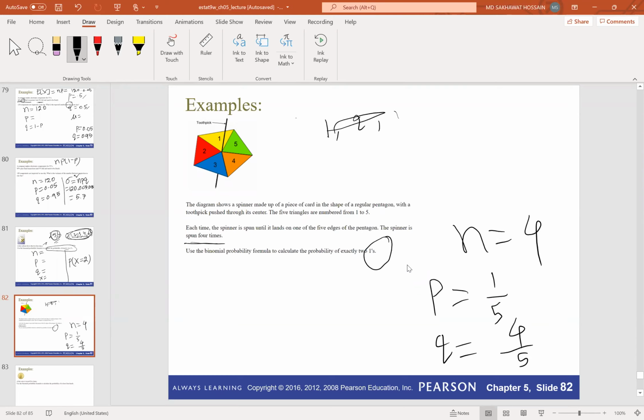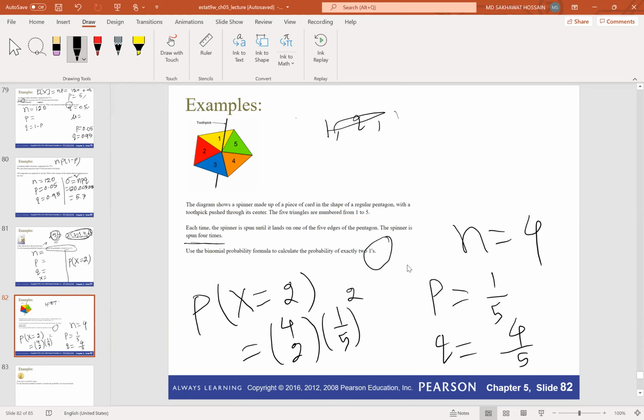And exactly 2 ones, so that means we want to find the probability X is equal to 2. So this is C(4,2), and 1/5 to the power X, which is 2, and 4/5 to the power n minus X, which is also 2, since 4 minus 2 is 2. Yeah, so this is the probability.